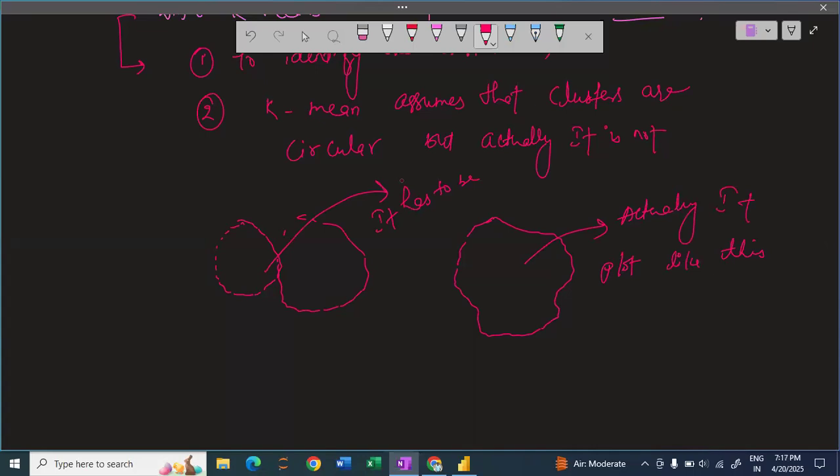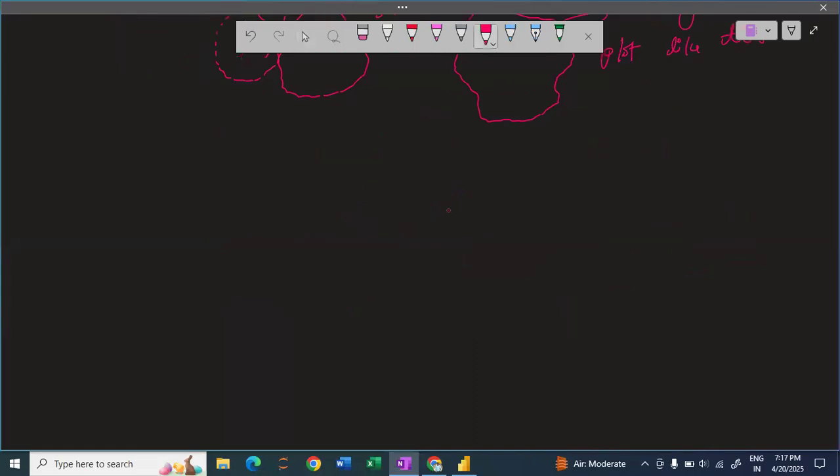Now, the third main problem is that it cannot handle outliers if we don't remove them.